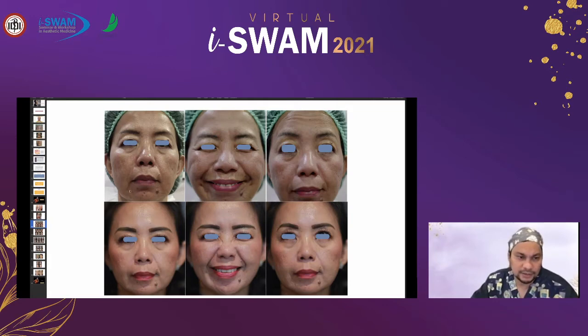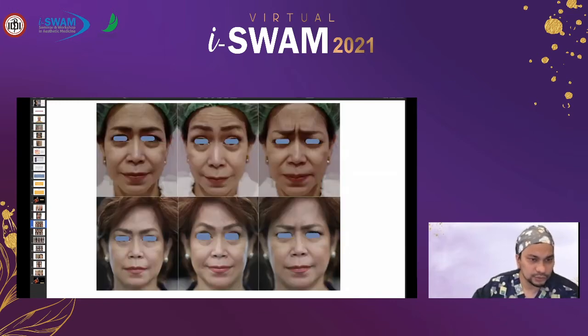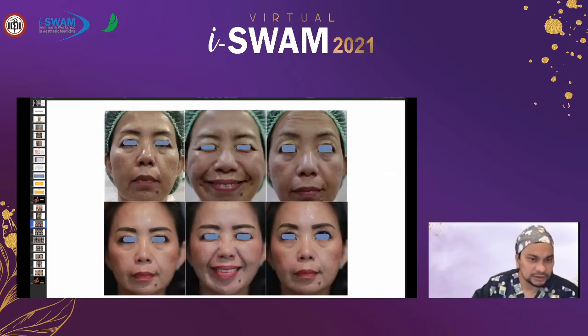This is the depressor labii, and we inject 2 units at this muscle. Look at the result 2 weeks after. Without smiling, the angle is now lifted up. I think this is a good example.